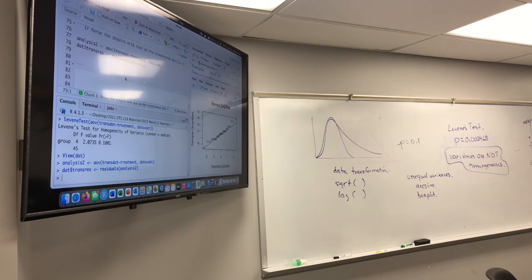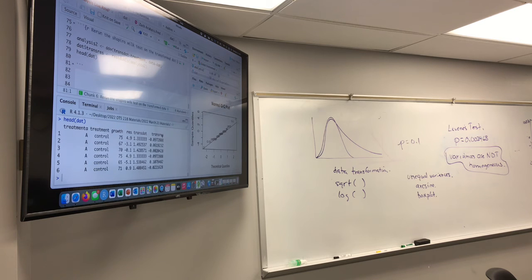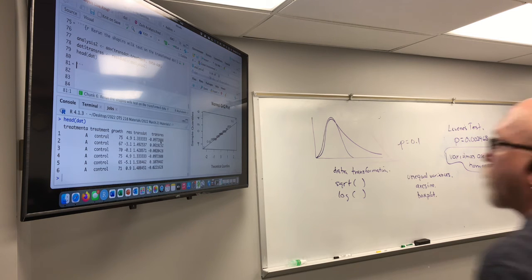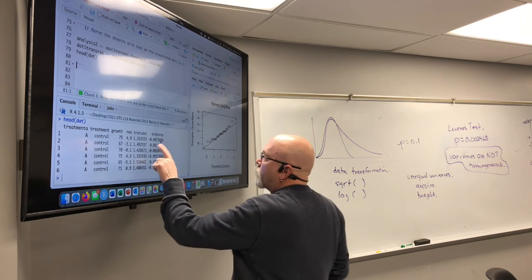And now when we go and look at our data frame, we should see that there is now a new residual column, and that residual column is different from the original residual column. Put up your green or your blue tabs if you got to this point.